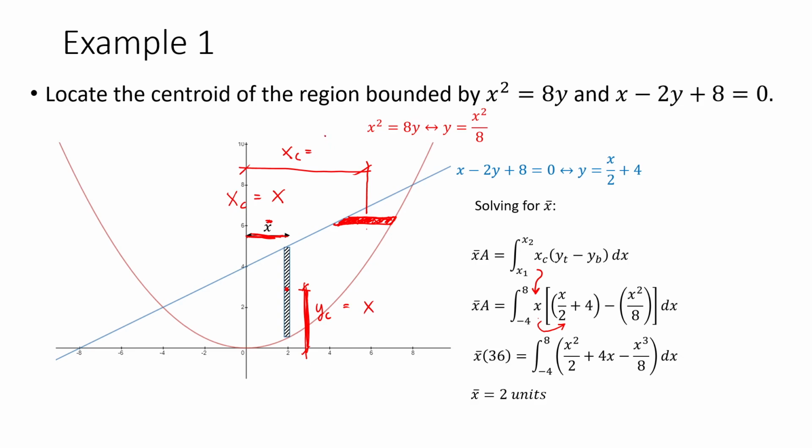So meaning mahimo na siyang X right plus X left all over 2, di ba? If you're going to use the horizontal strip. But for the Y component, since our equations later on for the horizontal strip are all in Y, so diretso na siya Y, di ba? So ato na ma-discover in the second example.